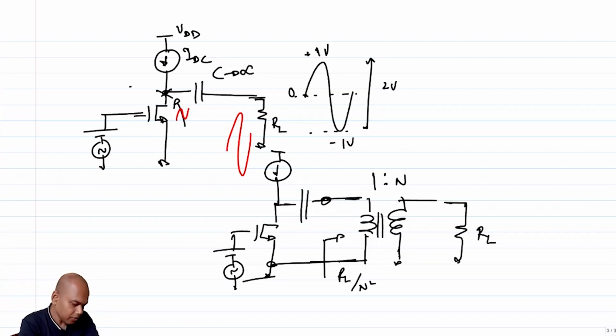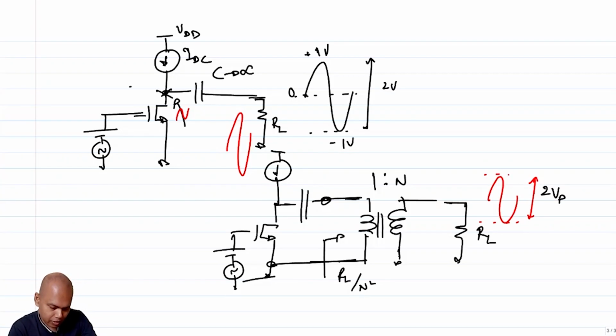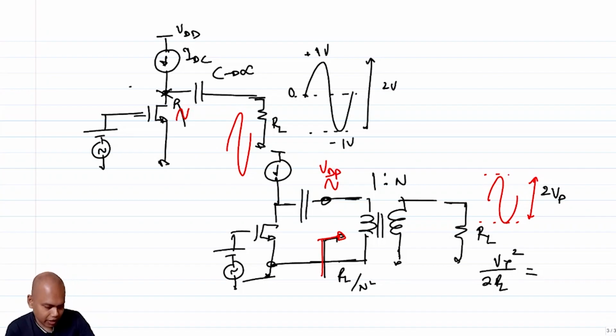Why? Because right now, if the swing here is, so I should say Vp, the power delivered is Vp squared by twice RL. This should be equal to the power that is going in from this side. So if the swing here I say is Vdp, that is the peak amplitude swing at the drain, then this should be equal to Vdp squared by twice RL by N squared, right?